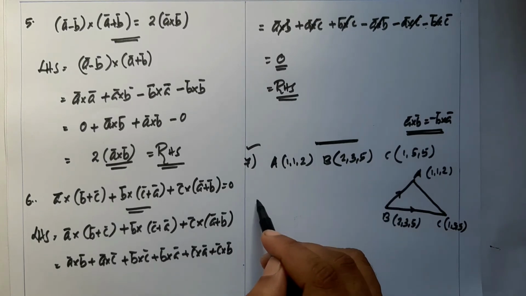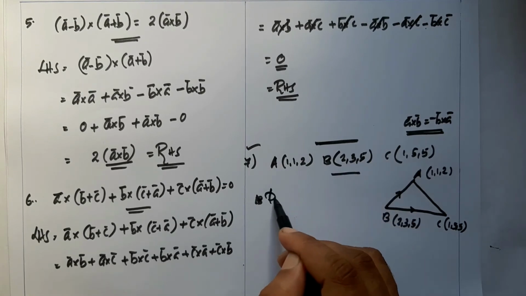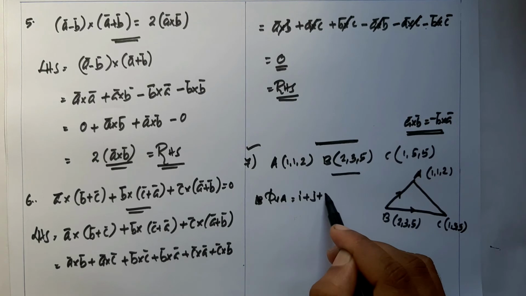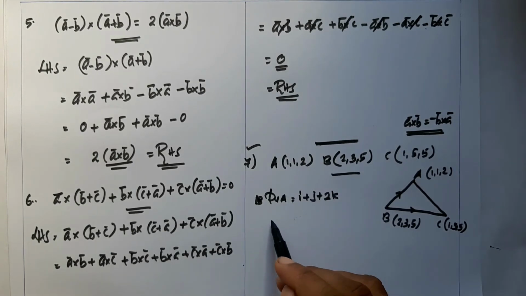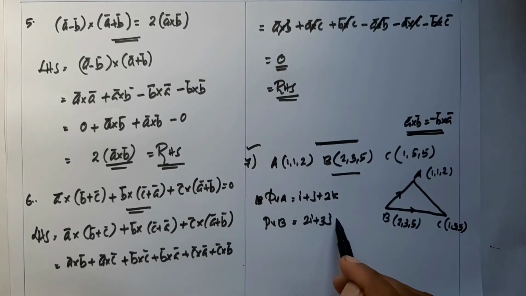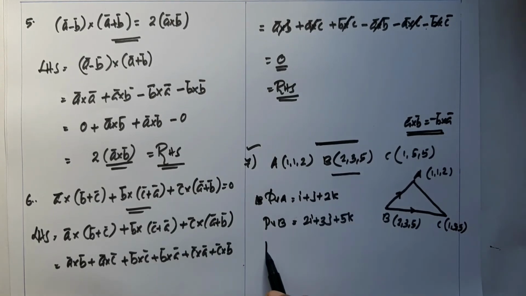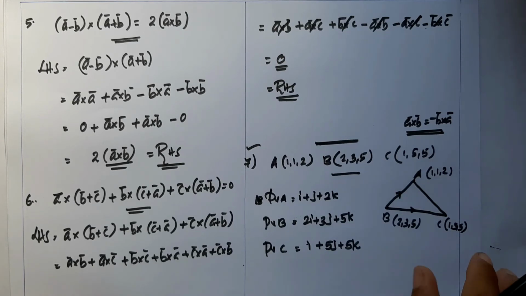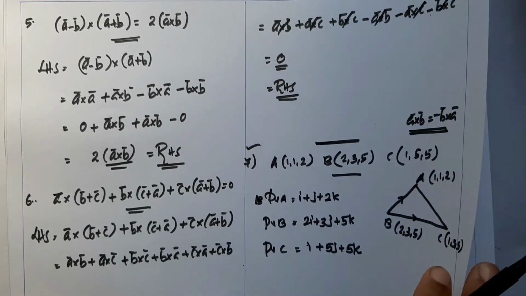First of all, we find BA. Here, the position vector of A is equal to I plus J plus 2k, because the coordinates are 1, 1 and 2. The position vector of B is 2I plus 3J plus 5k, and the position vector of C is I plus 5J plus 5k. Now we find BA and BC.